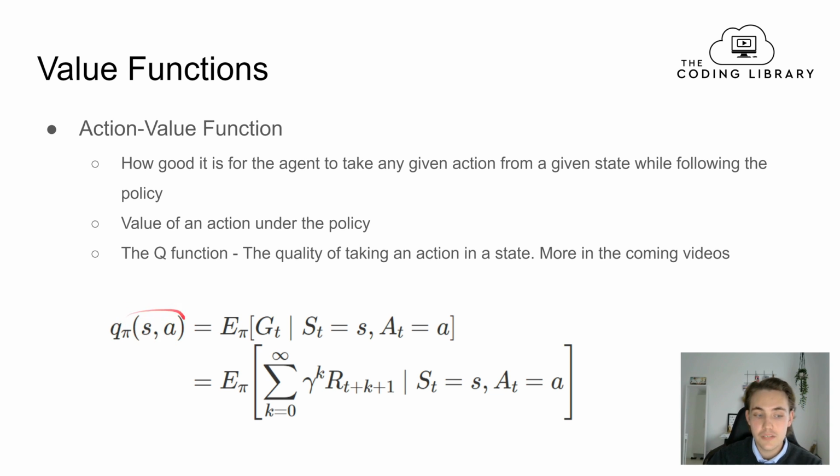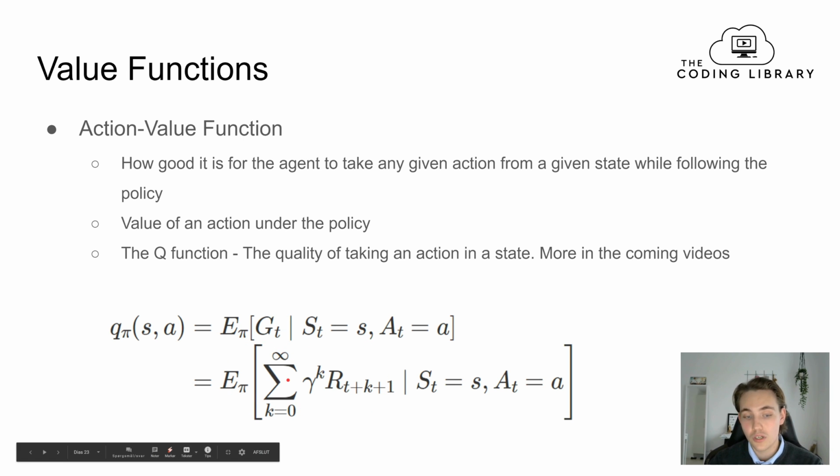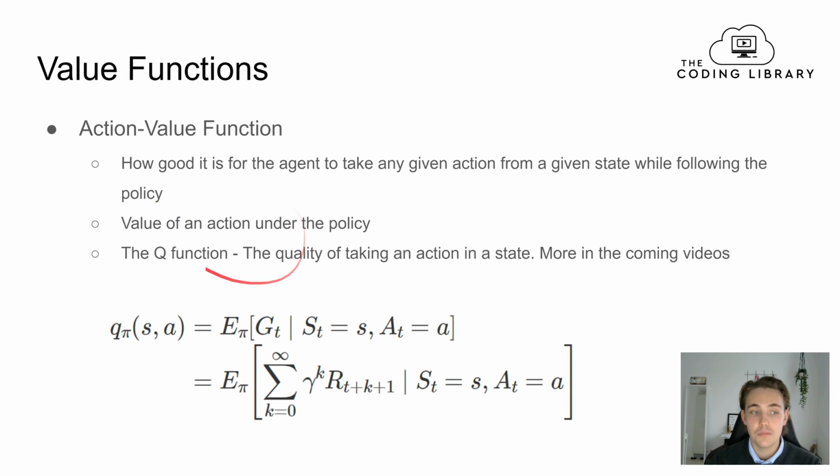So we give it a state that we're in now and an action that we're going to take, and then we try to estimate the discounted return, again given a state and an action in this case, because we're talking about the action value. The action value function is the value of an action under the policy. So we take an action, and after taking that action, we just follow the policy further on.